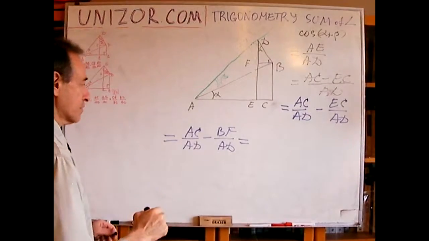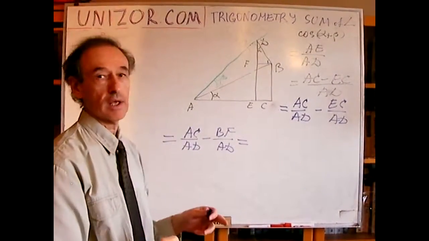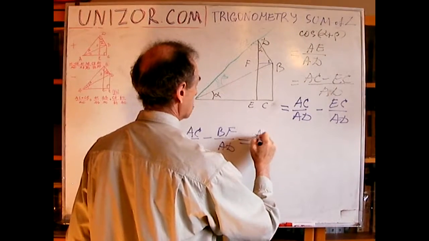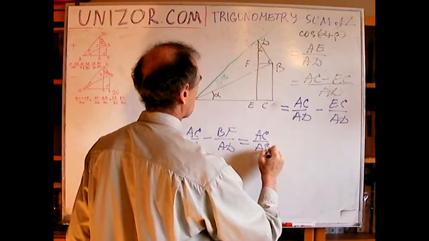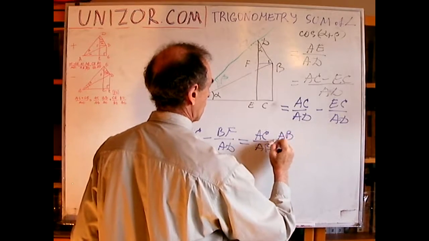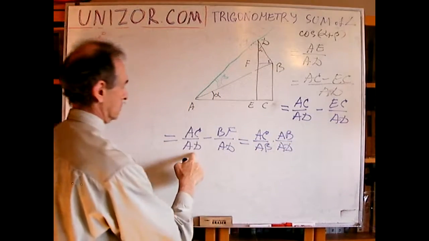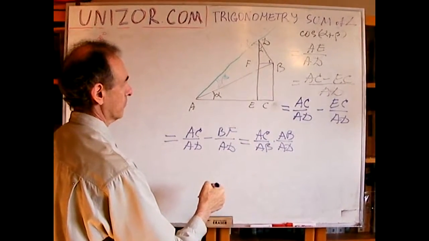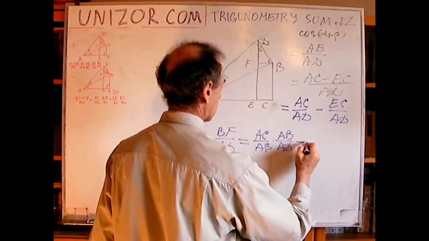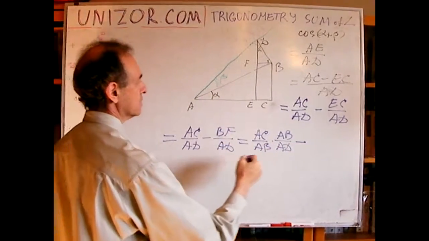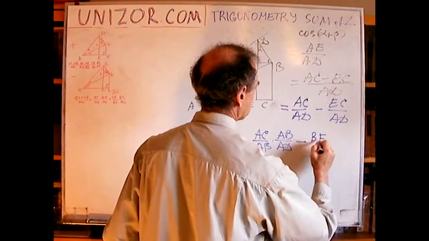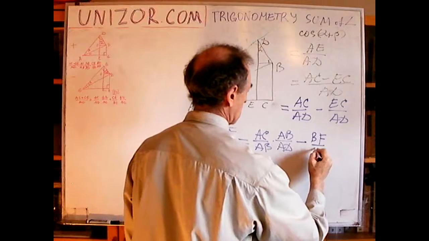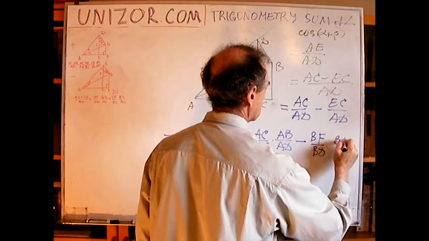And again, as before, we will multiply and divide by something very convenient. In this particular case, it's AC over AD times AB over AD, AC multiply and divide by AB. And in this case, minus BF over AD, I will do BF over BD times BD over AD.